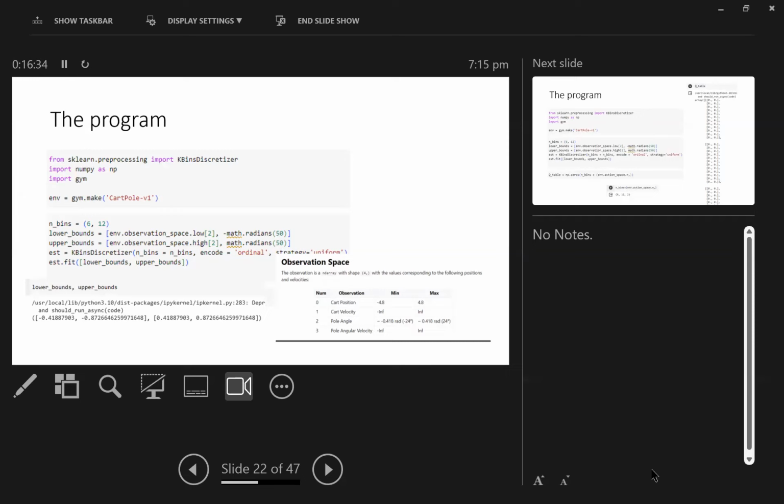For the velocity, even though it is unbounded, we will just start with minus 50 all the way up to positive 50, because this is reasonable compared to setting it to infinity.